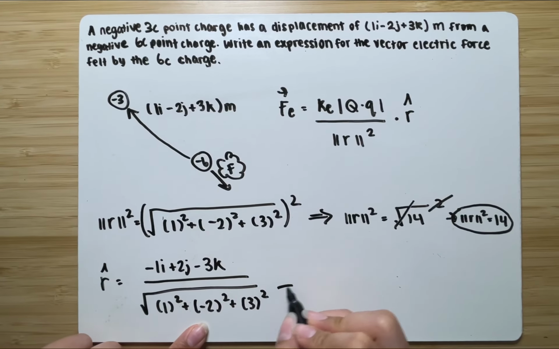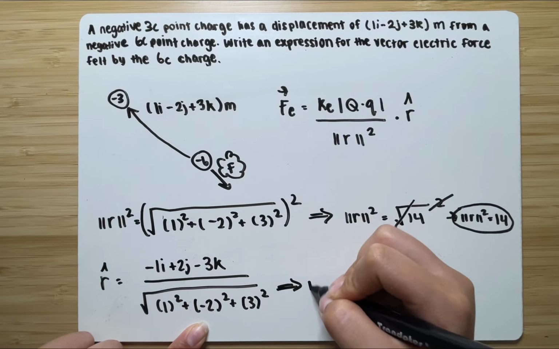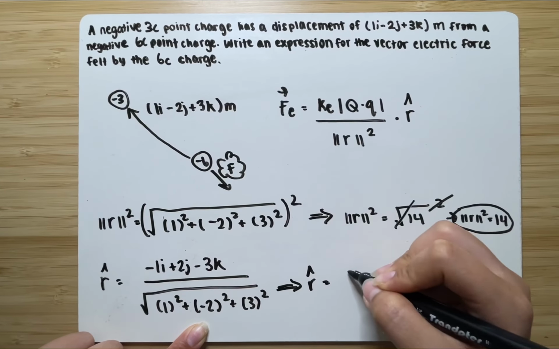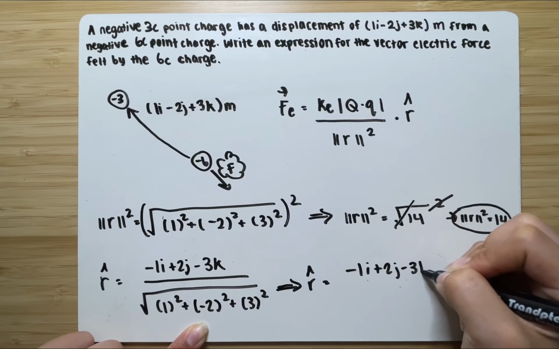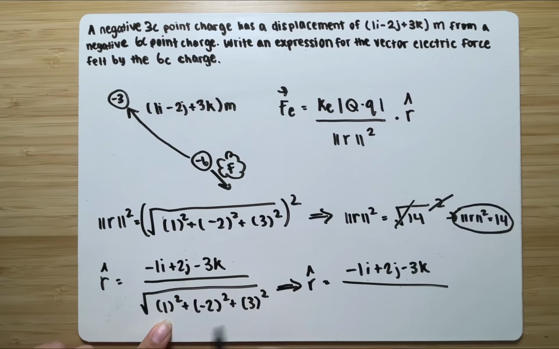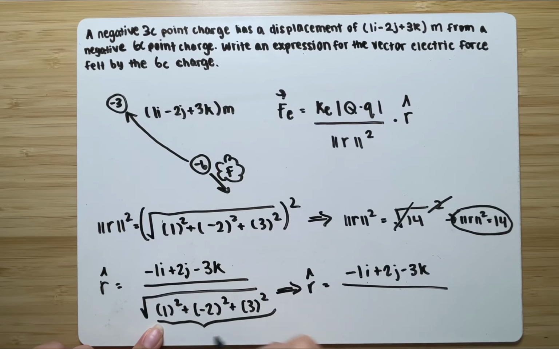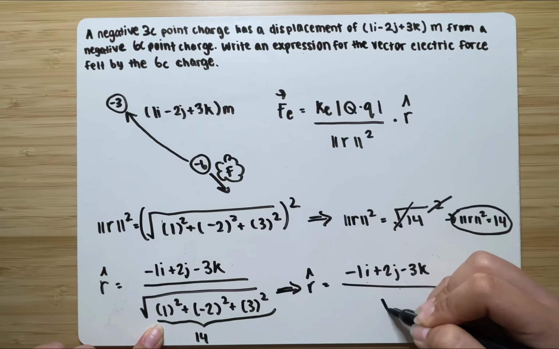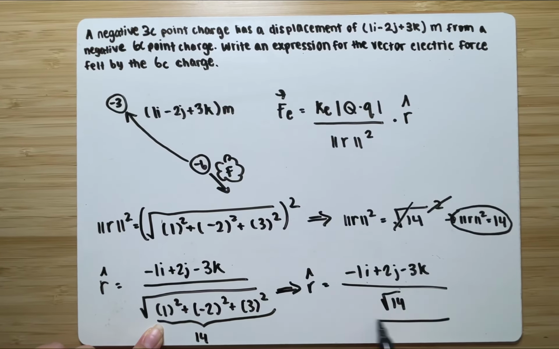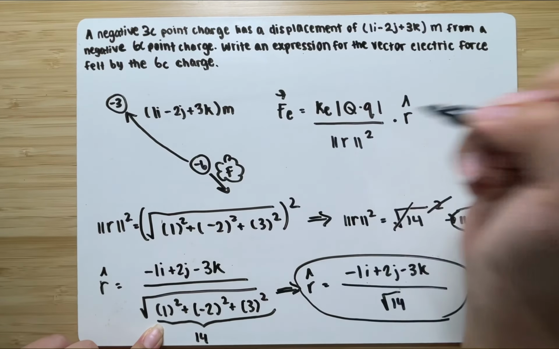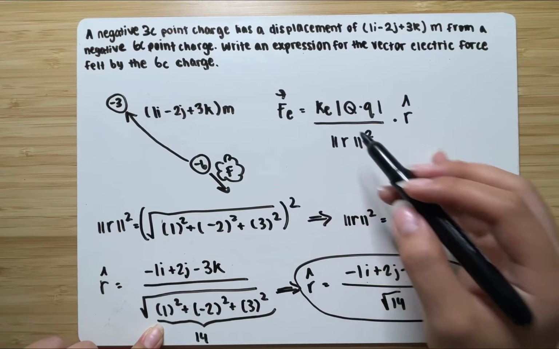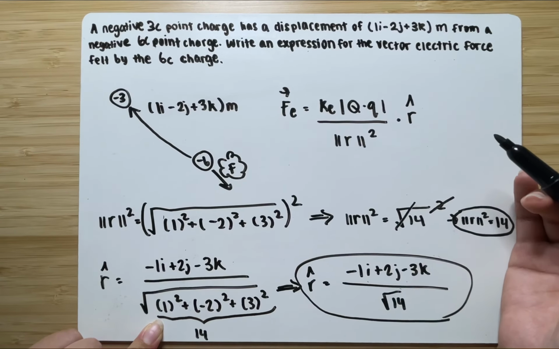Now we can simplify this to be equal to this one stays the same, 2j plus 3k. However, we can simplify this. We know that this is equal to 14, so 14. Circle that. And then we can rewrite this equation, plugging in what we know.